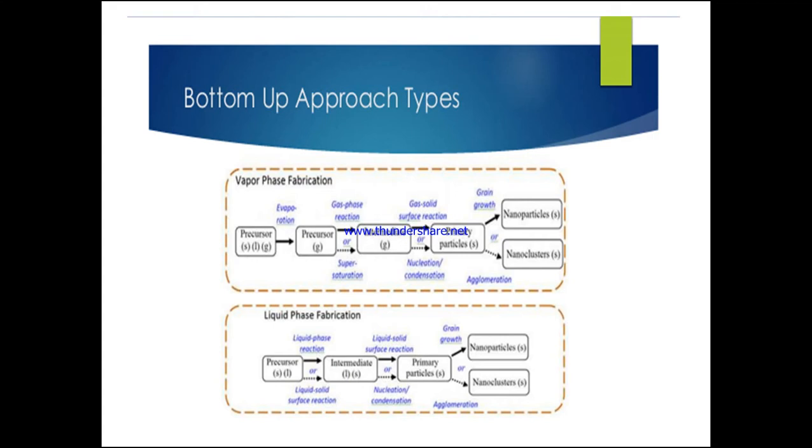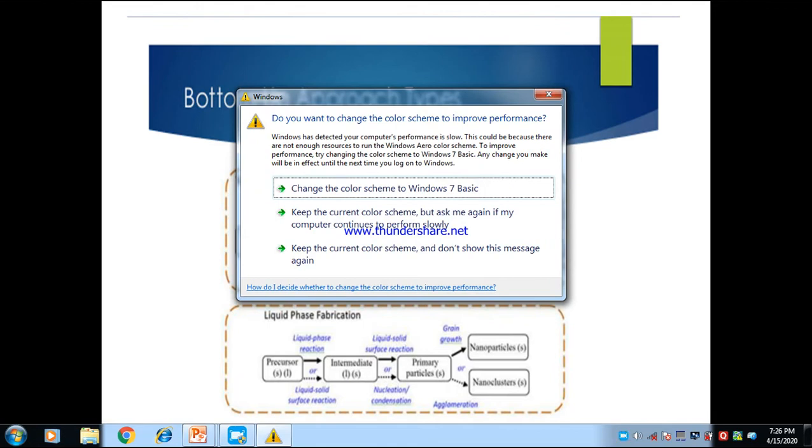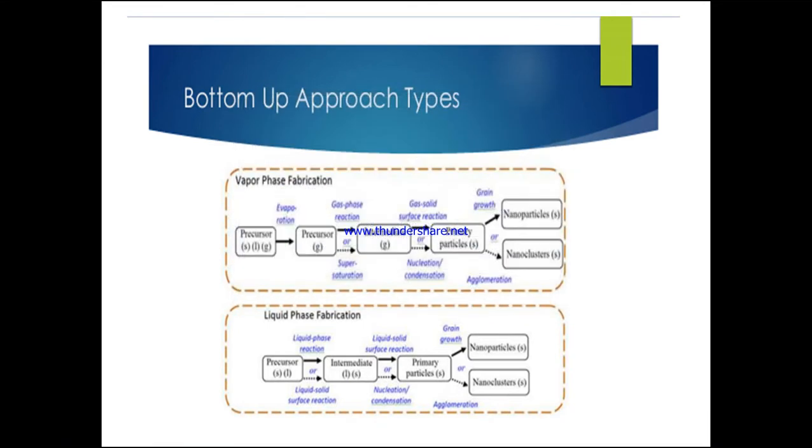The precursor may be metals, or any other gel, or a solid material, or a liquid material. That we call a precursor. From the precursor, by evaporation, condensation, or coagulation methods, we synthesize the nanoparticles.